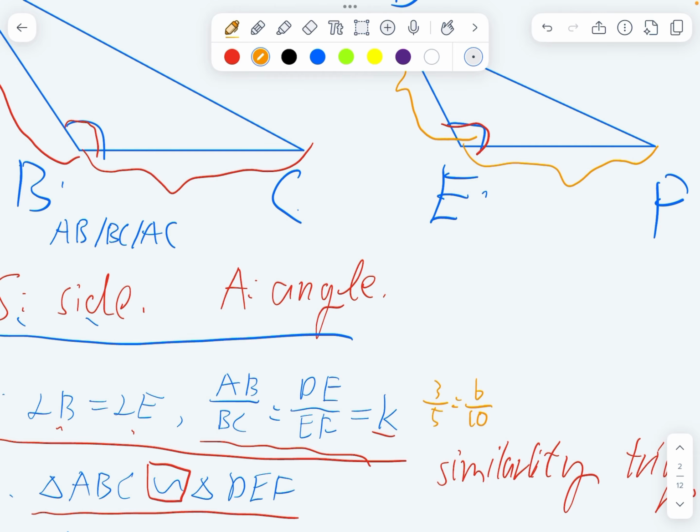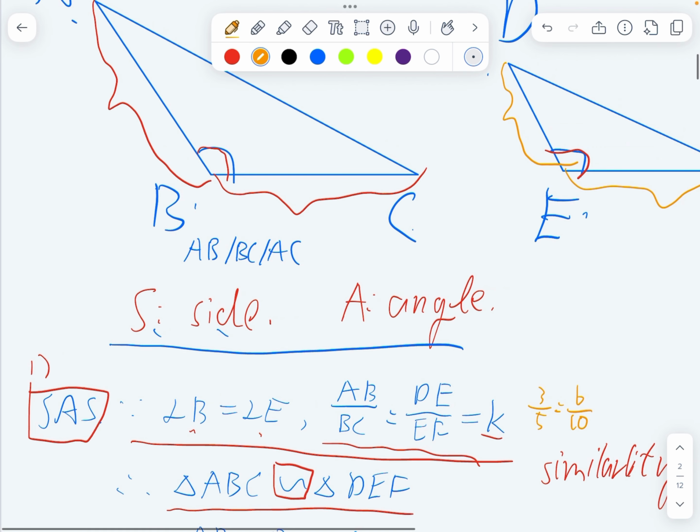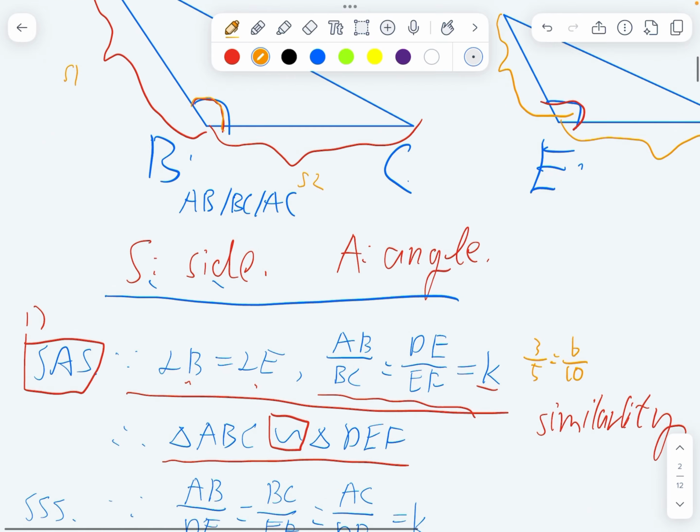So there are two pairs of sides in proportion, and the angle is in the middle of the two sides. So we can say that the two triangles are similar.